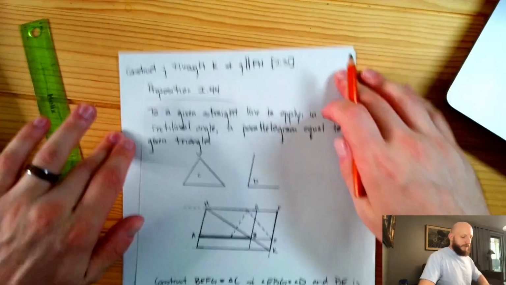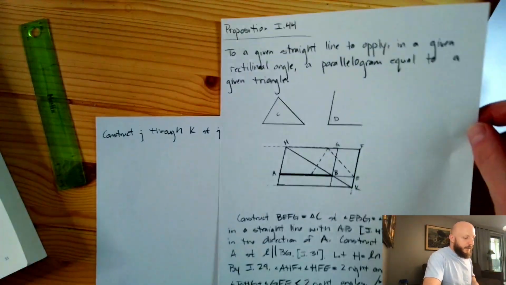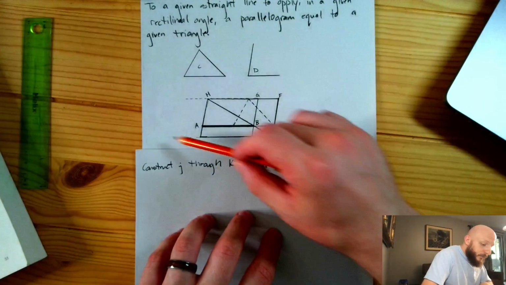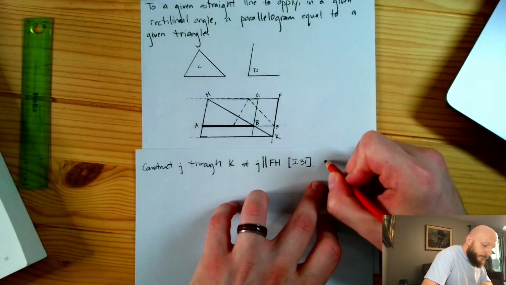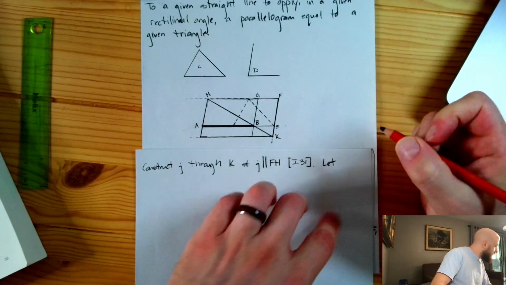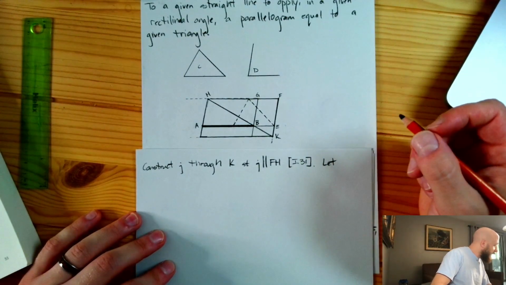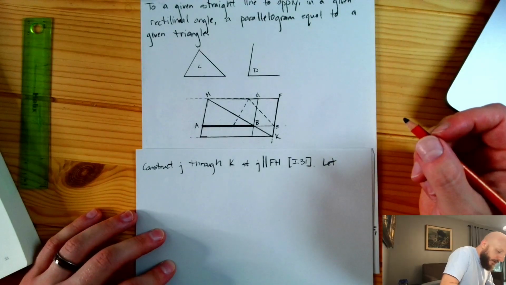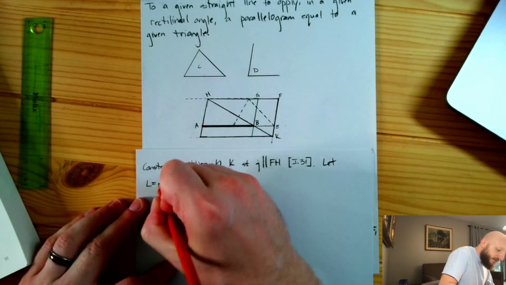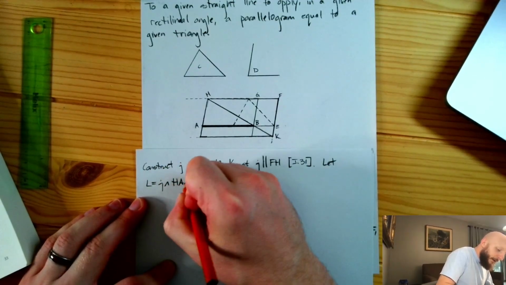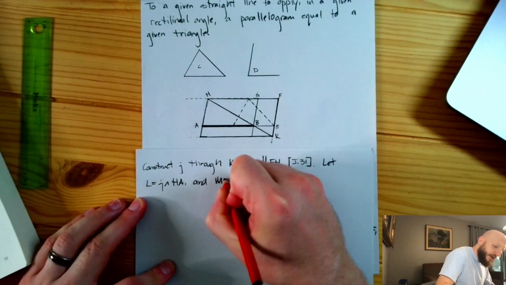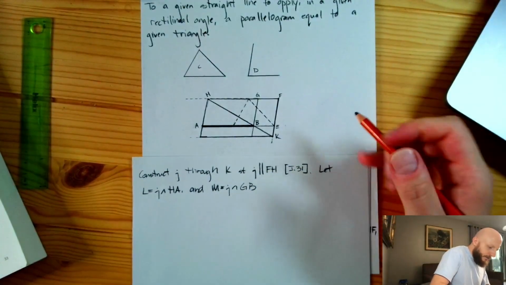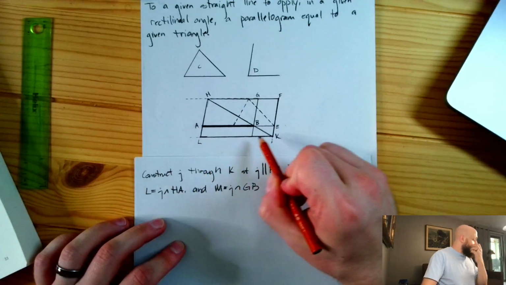So, constructed J, and there's J. HA gets extended to L. So L is J intersect HA, and M is J intersect GB. So L is right here. M is right here.